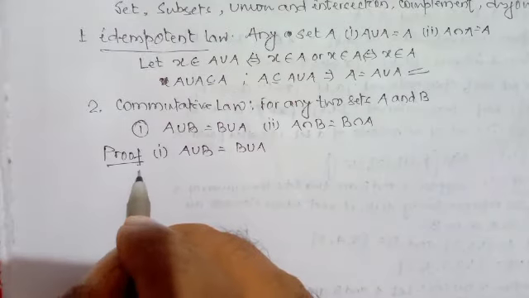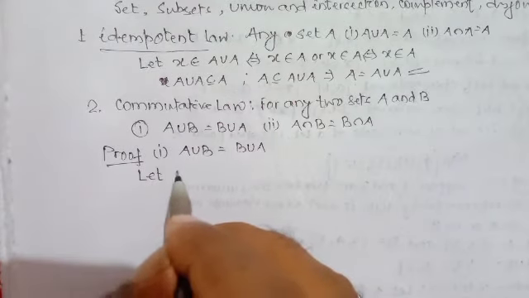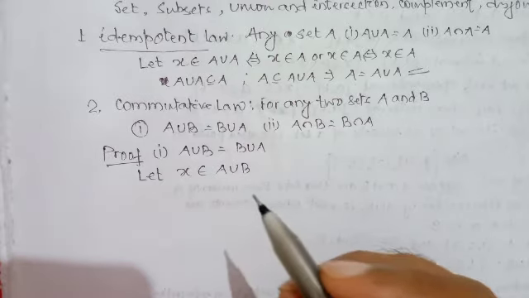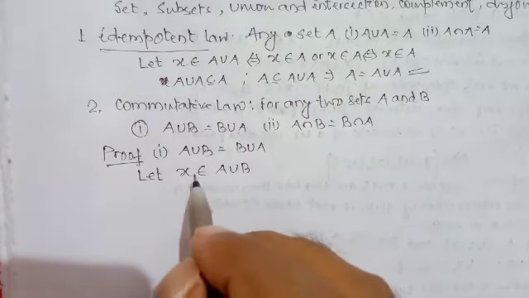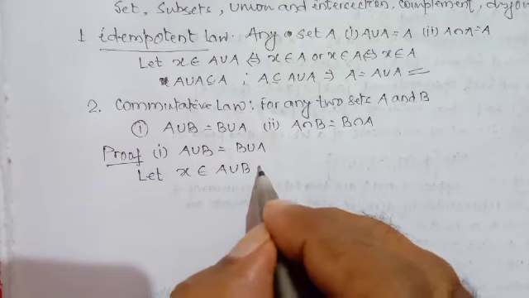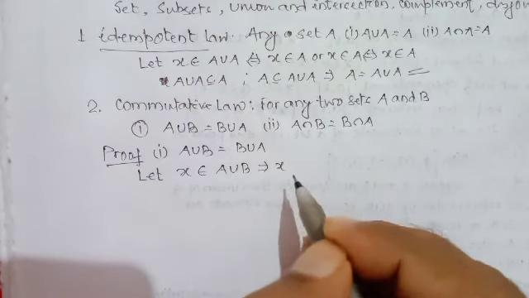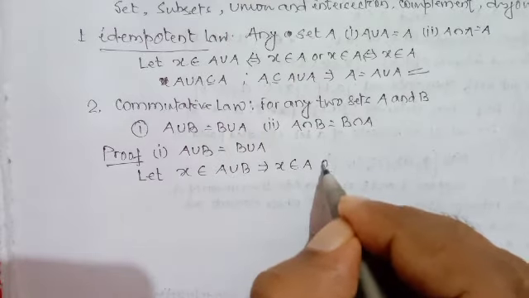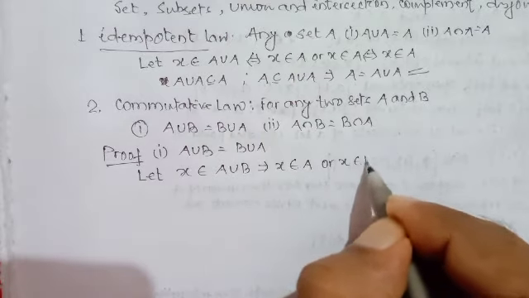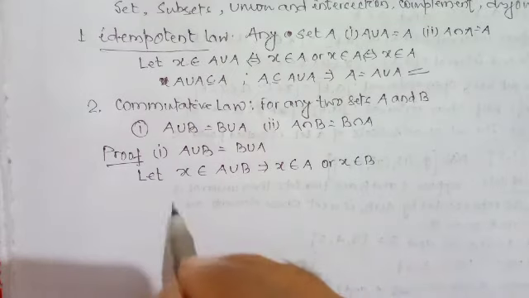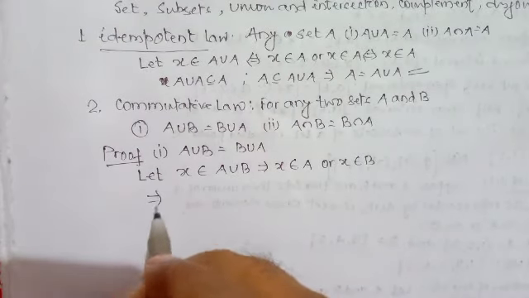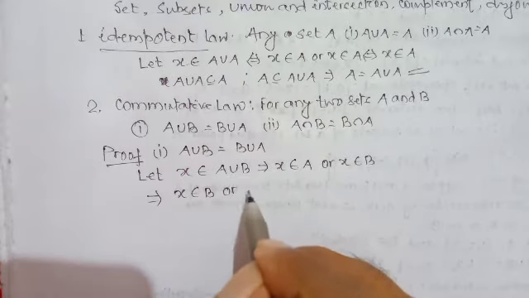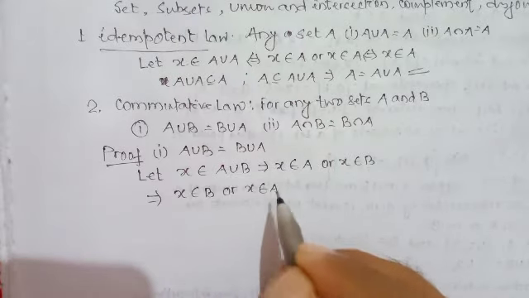A union B is equal to B union A. Let us suppose X belongs to A union B. So from the definition of union, we may write X belongs to A or X belongs to B. This can be further written as X belongs to B or X belongs to A, because both have the same meaning.